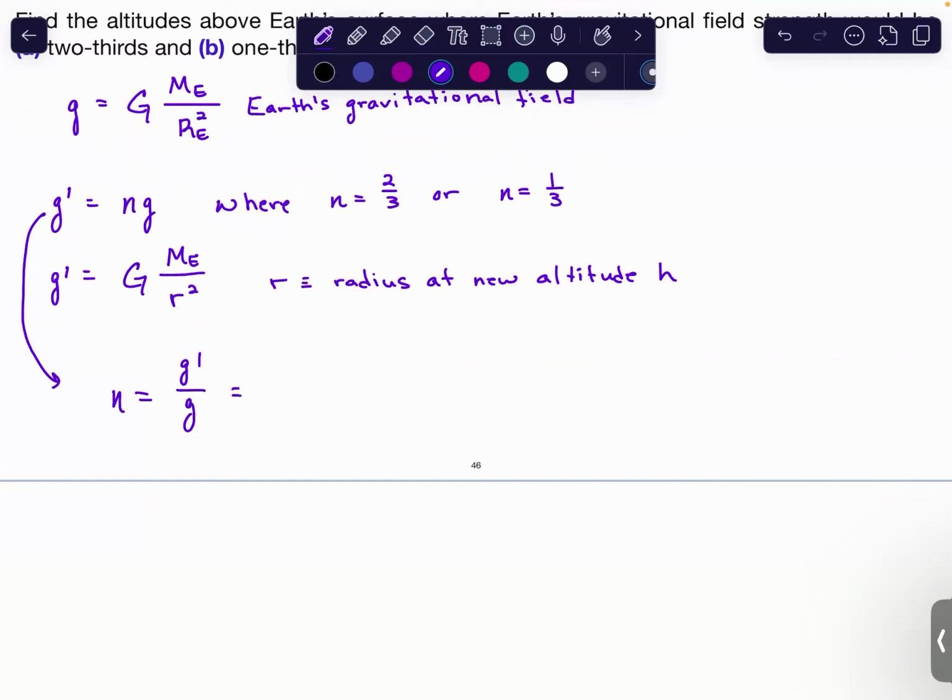Then I can plug in: that's going to be G times the mass of the Earth over r squared, over G times the mass of the Earth over the radius of the Earth squared. Your G and your mass of the Earth are going to divide out. So we're going to have 1 over r squared over 1 over r_e squared.